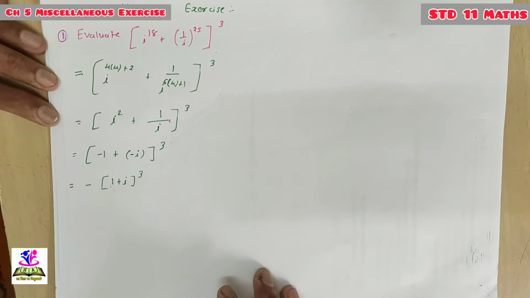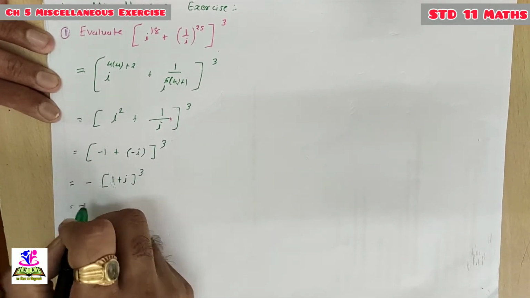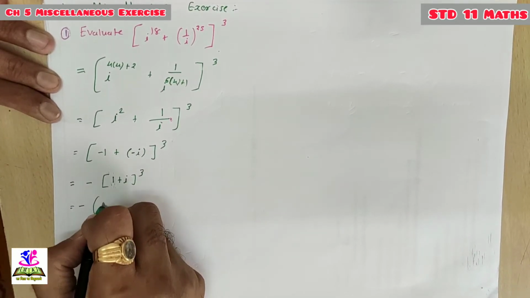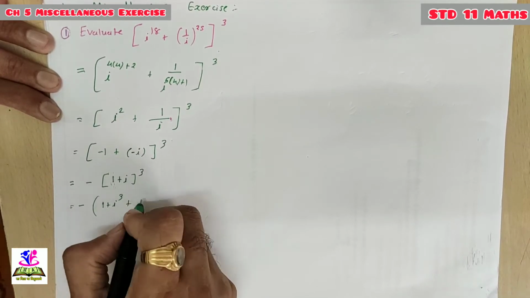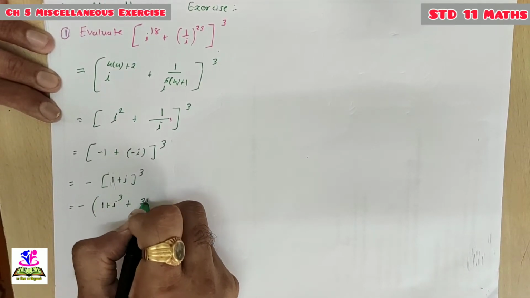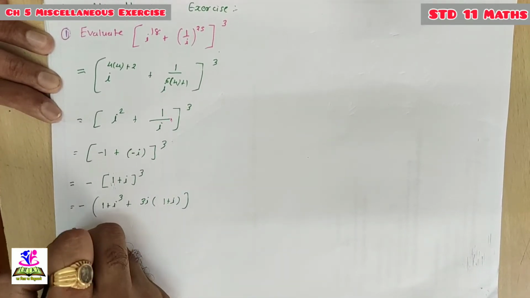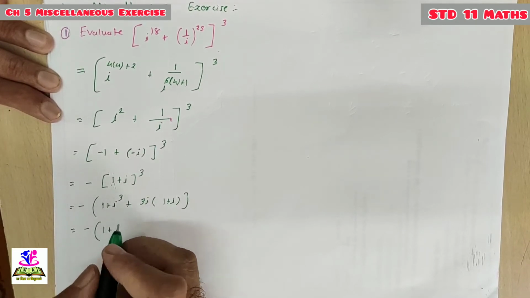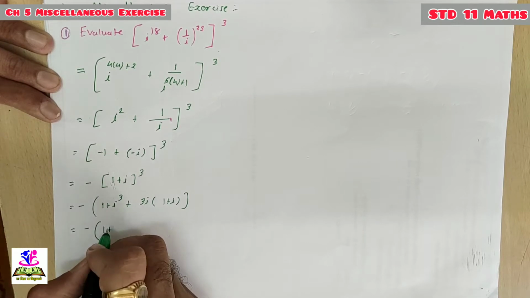So now here you can apply our formula. (1 plus i) raised to 3 is: 1 cube, first term cube, plus second term cube, so it's 1, i cube, plus 3 into first into second term, that is 3 into i into 1 plus i. So this is equal to minus [1 plus what is i cube? i cube is i square into i, so it's minus i.